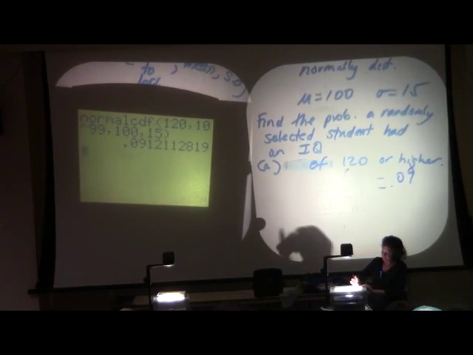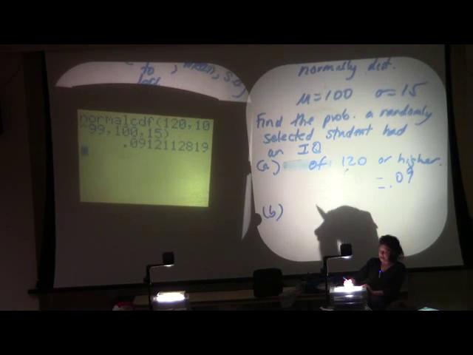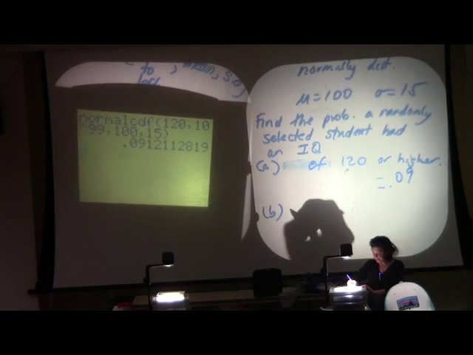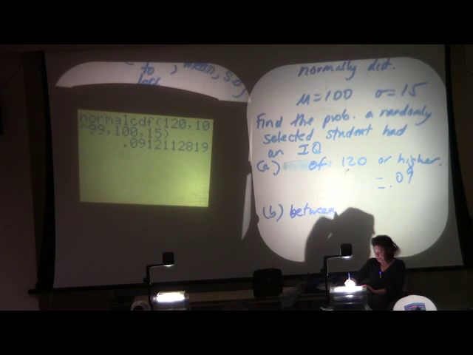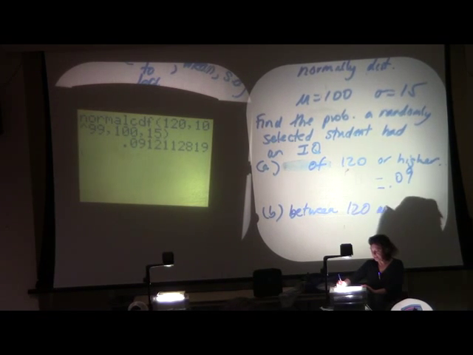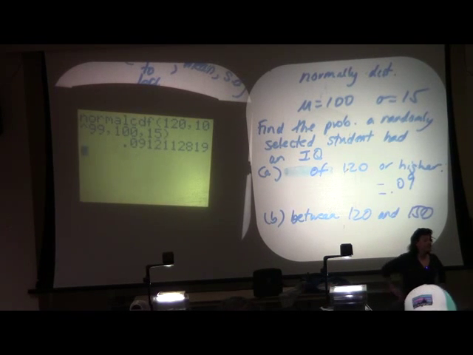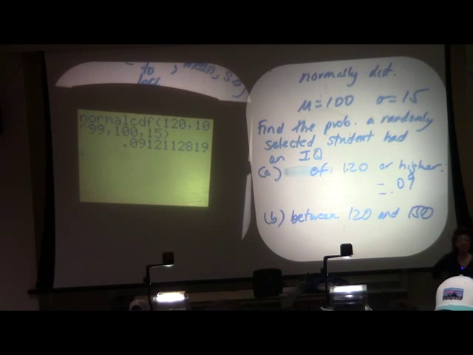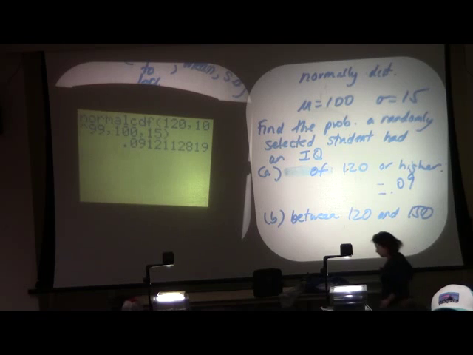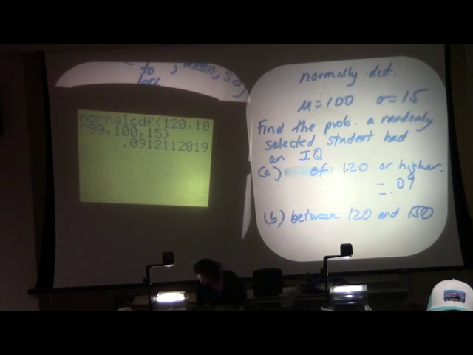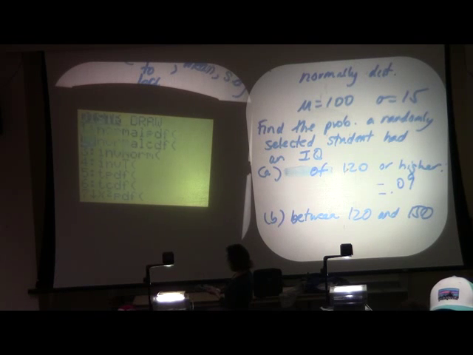What if we want to find the probability that a randomly selected student has an IQ between 120 and 150? What would we do for this one? Well, same thing, but now we have our lower and our upper given.